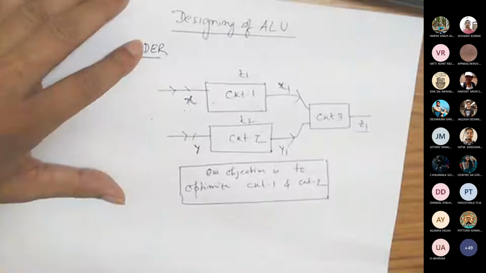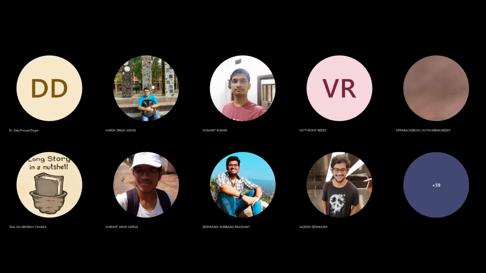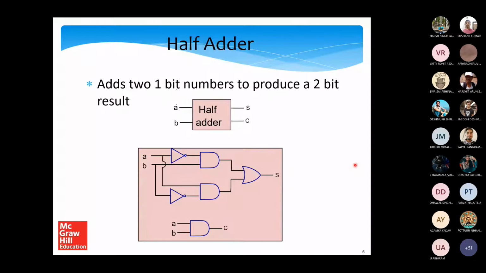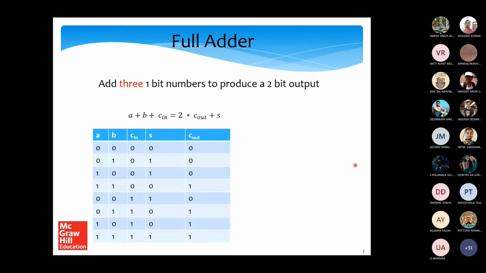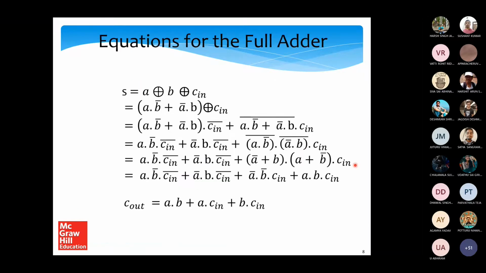So, keeping in mind, all circuits need optimization. Now let me go back to my presentation again. Even if half adders and full adders are common circuits, in a full adder the carry out function has two gate delays: one for the AND operation, another for the OR operation.